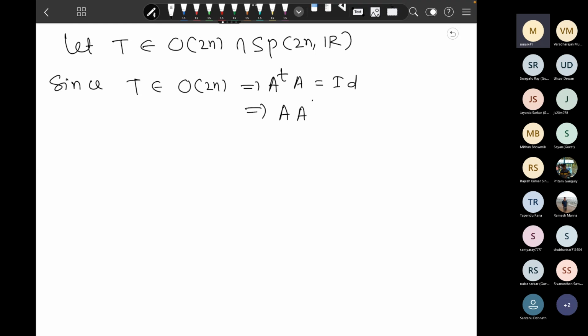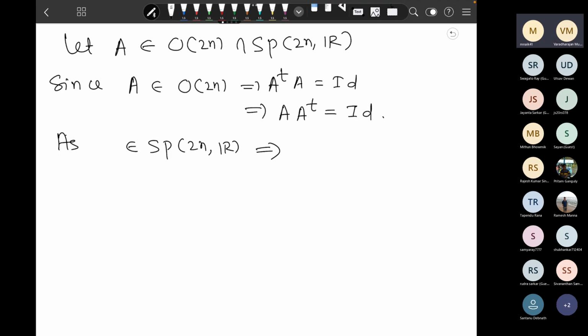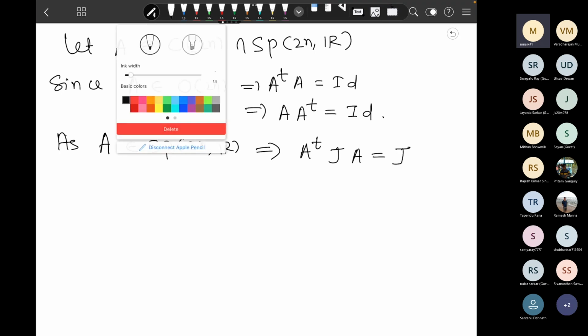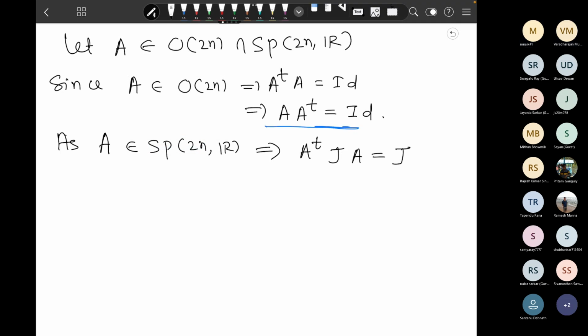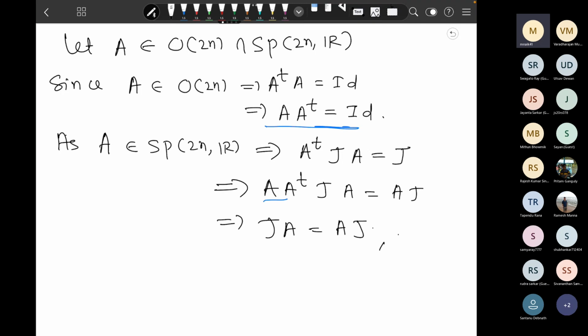Now as A belongs to Sp_2n(R), A transpose ZA is equal to Z. I use the fact that A transpose is the inverse of A, and multiply by A, so this gives me ZA is equal to AZ. Here A is a matrix in GL_2n(R).